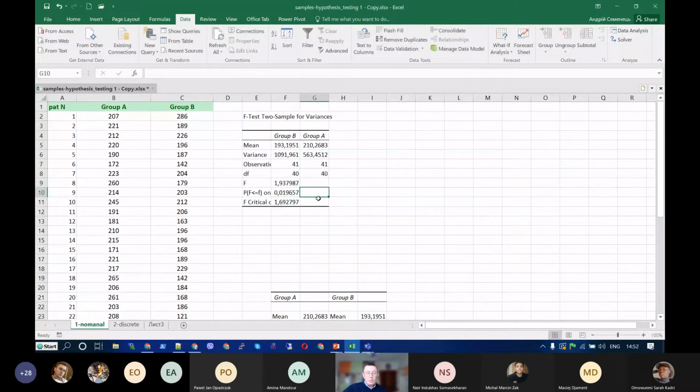Here is our result: the Fisher test is greater than F critical, and the p-value is significant. So our variances are statistically not equal, significantly different, with only a 1% probability of error, which is very good evidence.